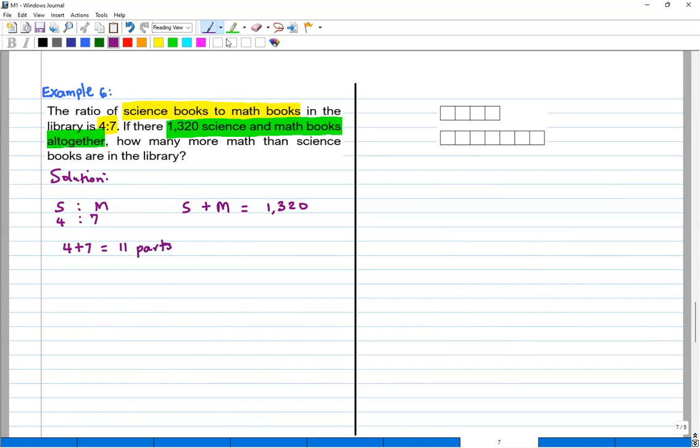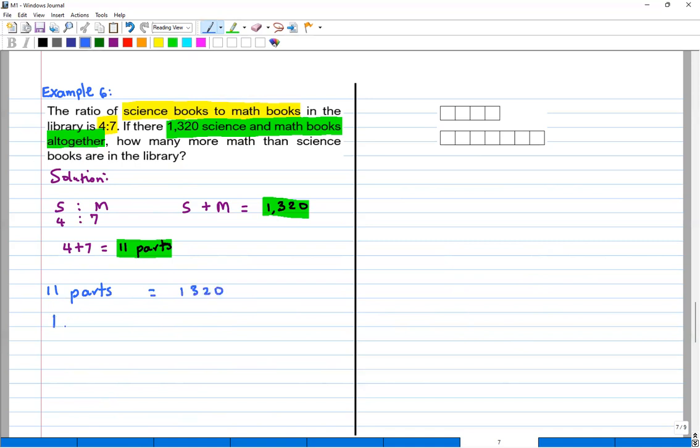So it means that 11 parts are proportional to 1,320. Now, we say that 11 parts are equal to 1,320.